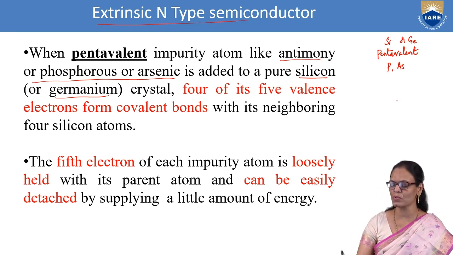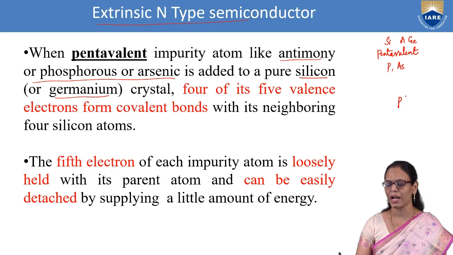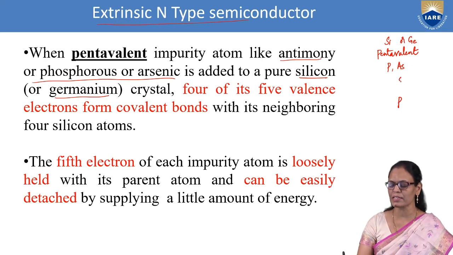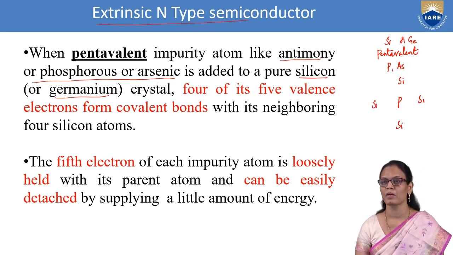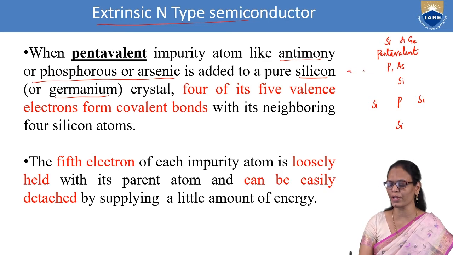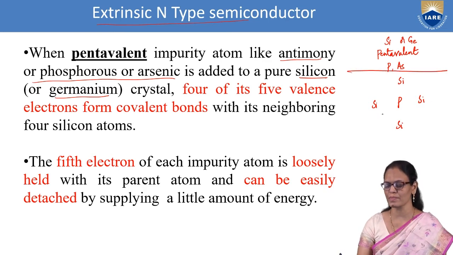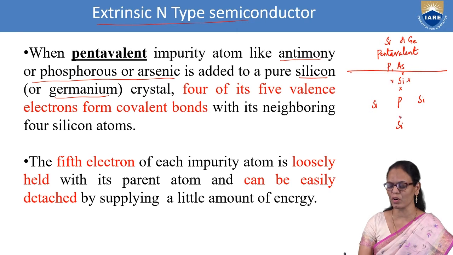So now suppose we have a phosphorus atom here surrounded by 4 silicon atoms. We have many, but I am just showing you 4 silicon atoms. So silicon has 4 valence electrons. So for all the 4 silicon atoms, we can show 4 electrons.